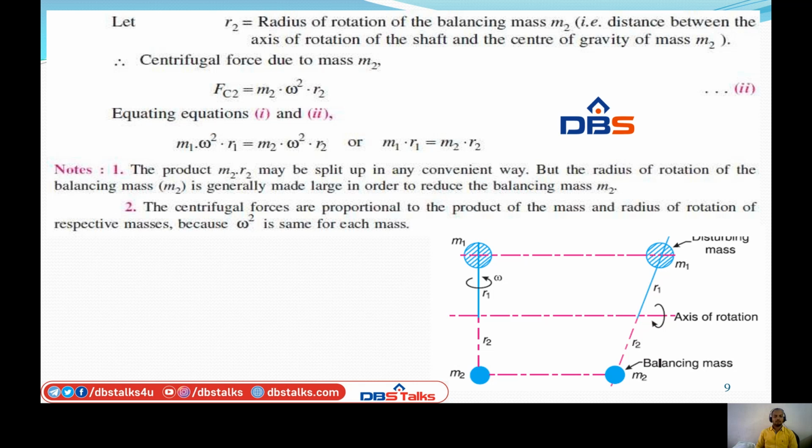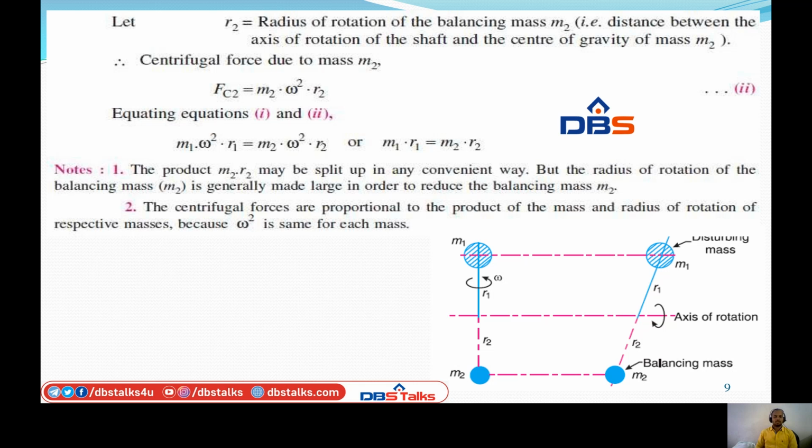The two masses may or may not be the same, but the angular speed for both masses is equal. That's why the omega, or the speed, will be the same for both masses.